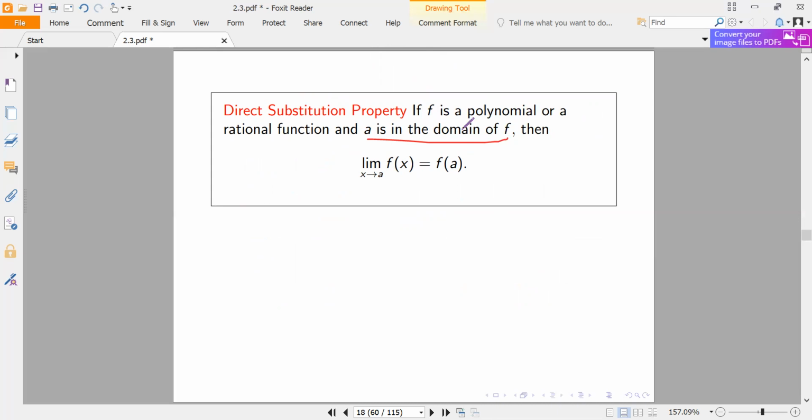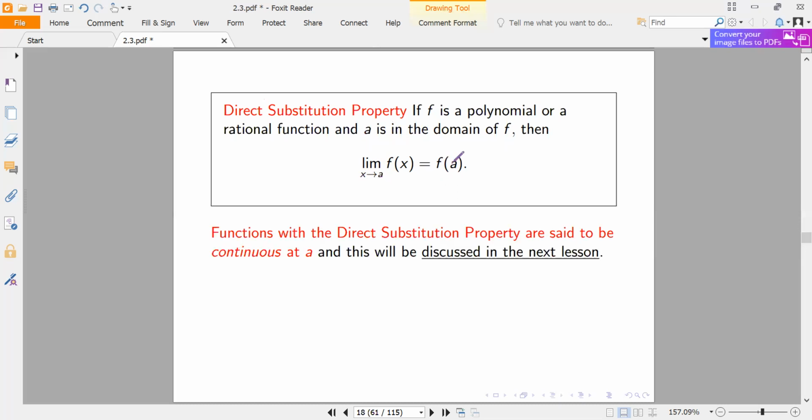If that point is part of the domain, then the limit of that rational function or polynomial as x approaches a is just a direct substitution, substituting x for a, which gives you f of a.